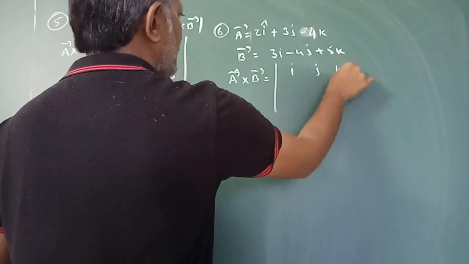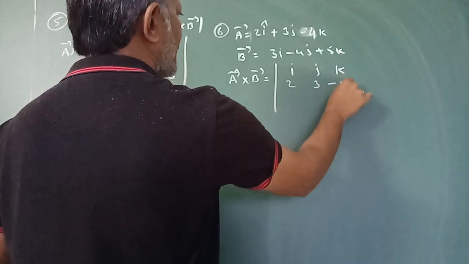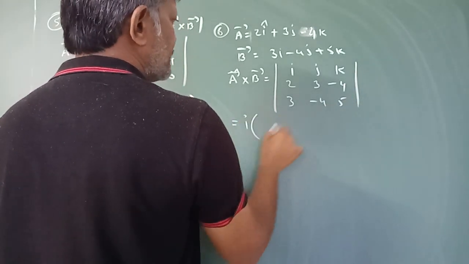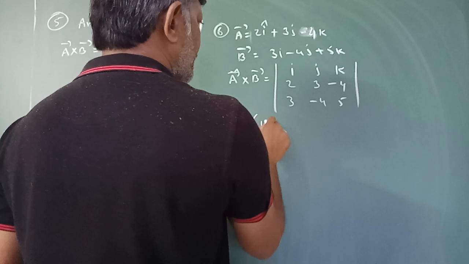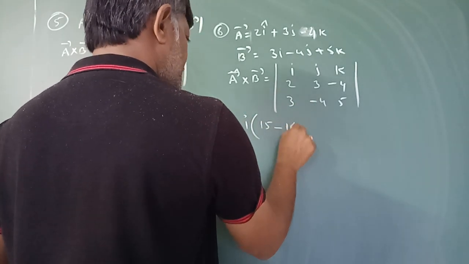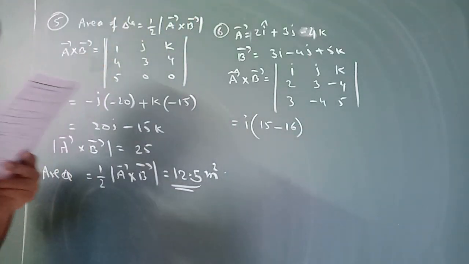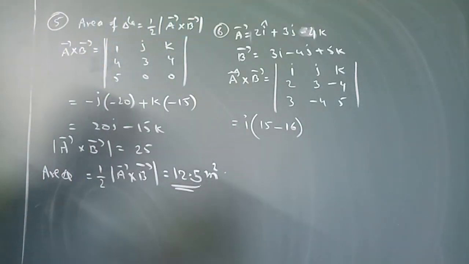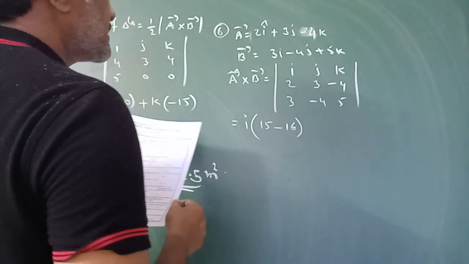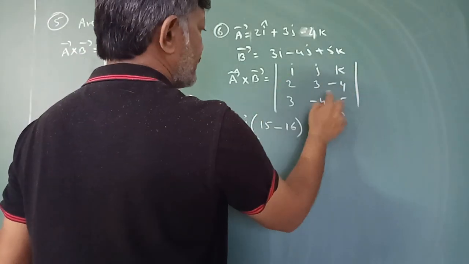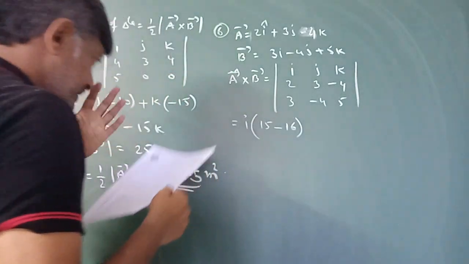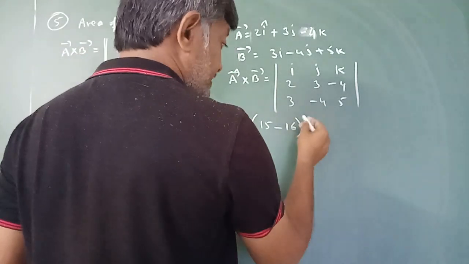The determinant with rows i, j, k; 2, 3, minus 4; 3, minus 4, 5. This is equal to i into (5 times 3 is 15, minus 4 into minus 4 is plus 16).